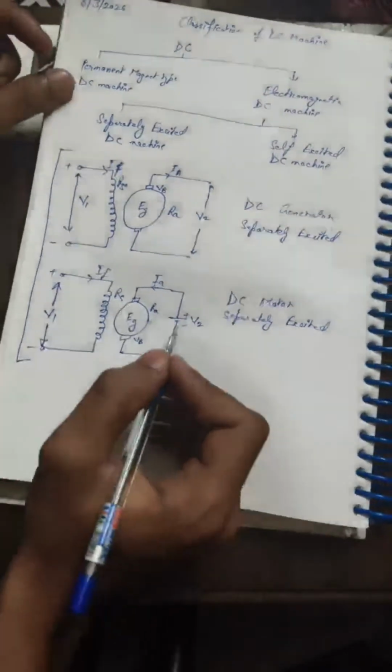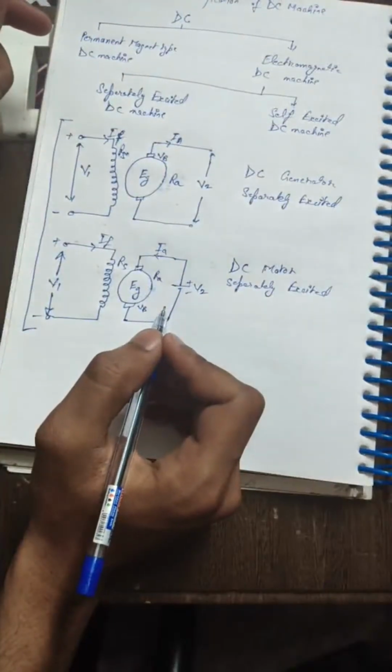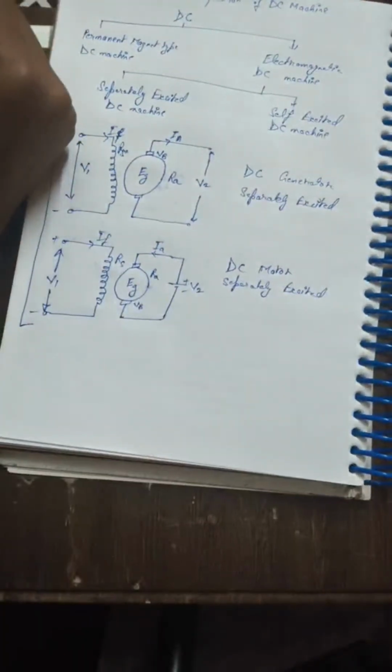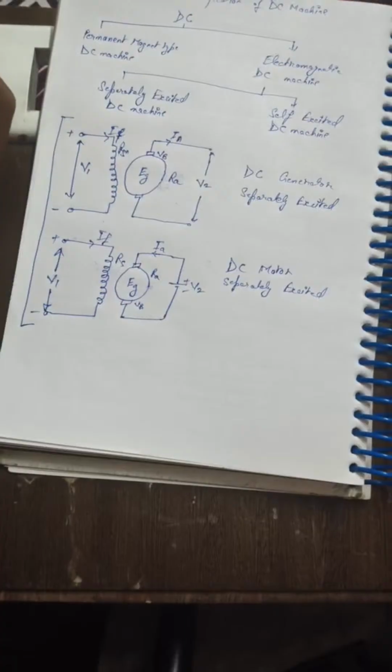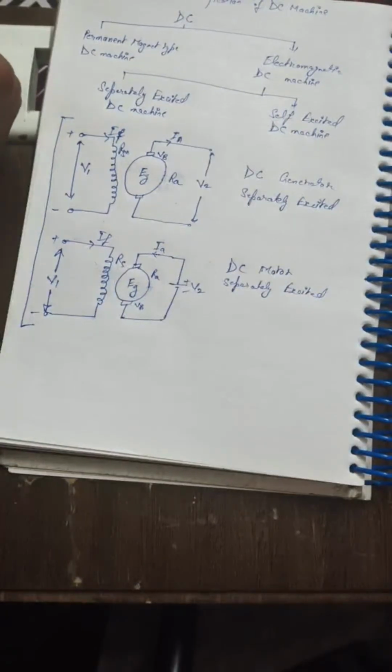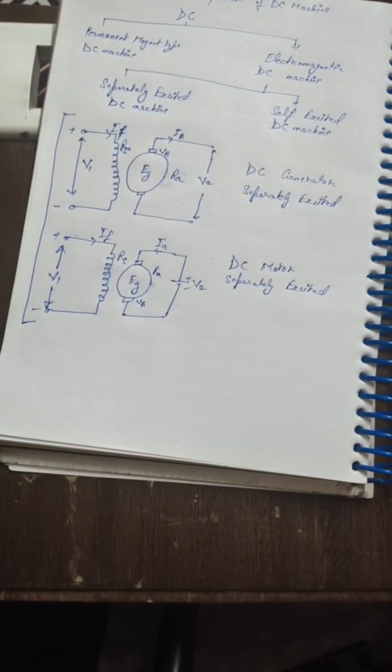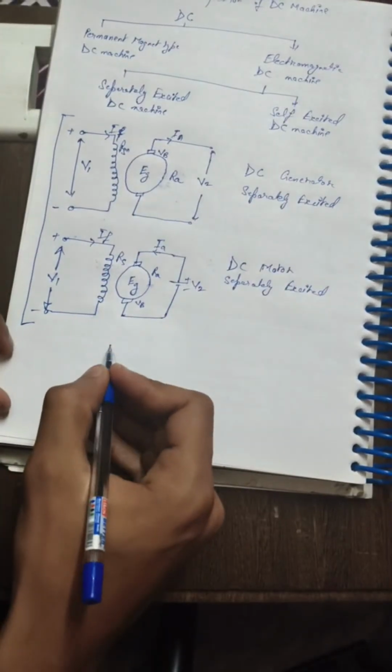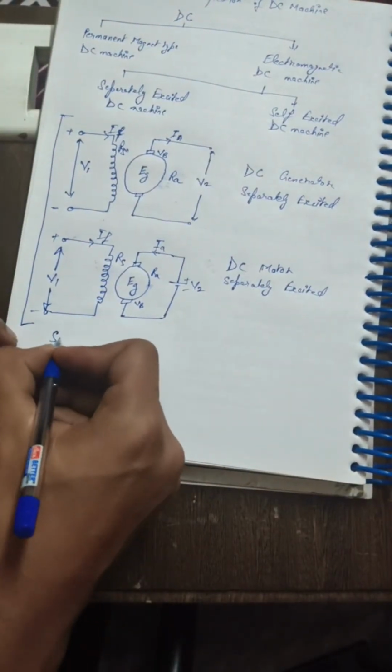For the next thing, we will discuss the self-excited DC machine. As the name suggests, in a self-excited DC machine both the windings are excited, or get supplied, from a single battery source, or say a single machine can be operated using a single source.